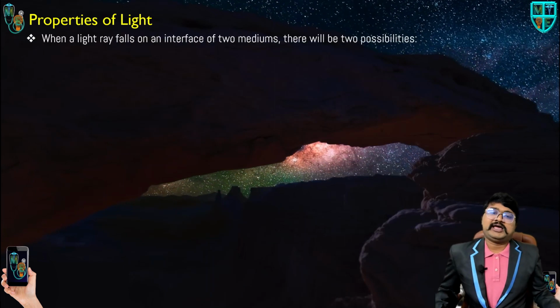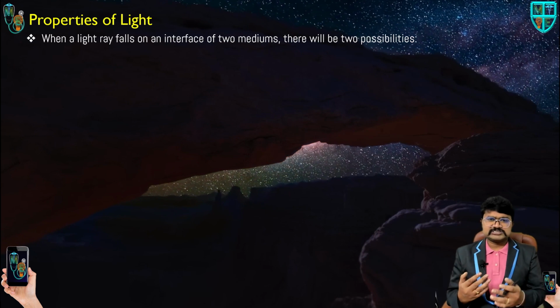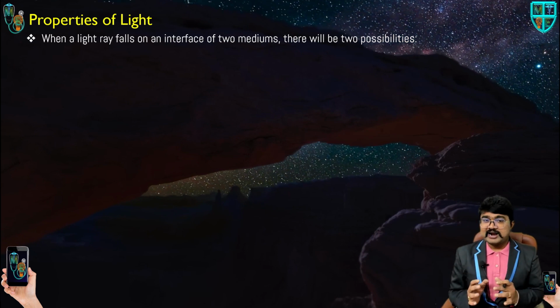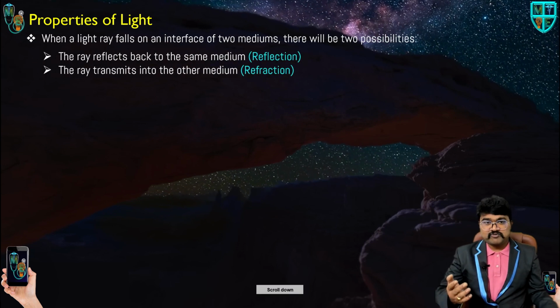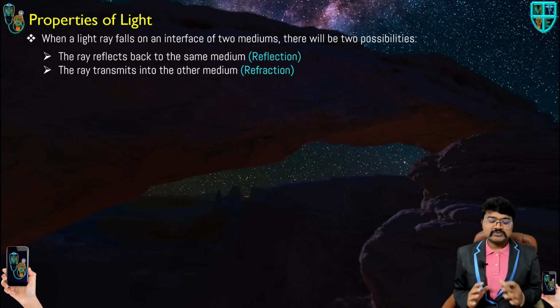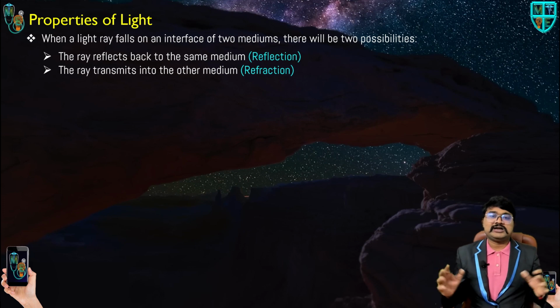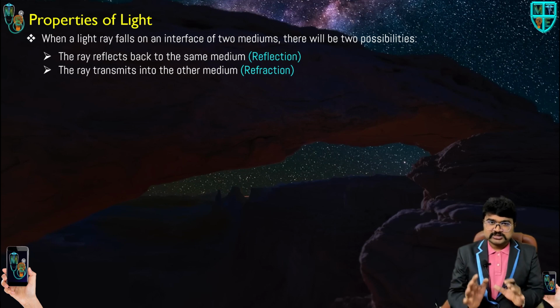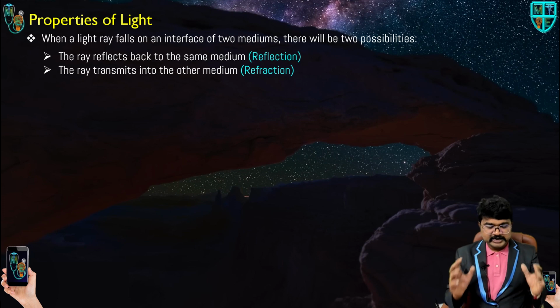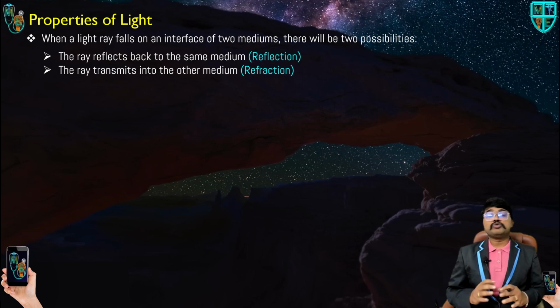When the light ray falls, here we need to discuss reflection and refraction. What is reflection and refraction? We can discuss the clear-cut difference between reflection and refraction. See here, when a light ray falls on the interface of two mediums, there will be two possibilities.